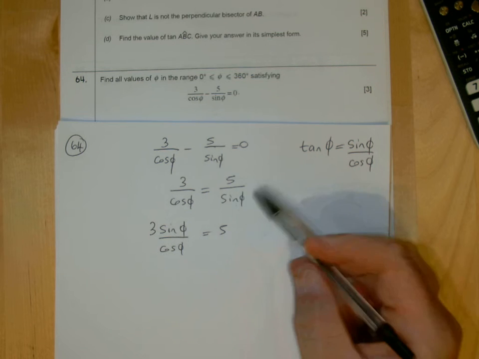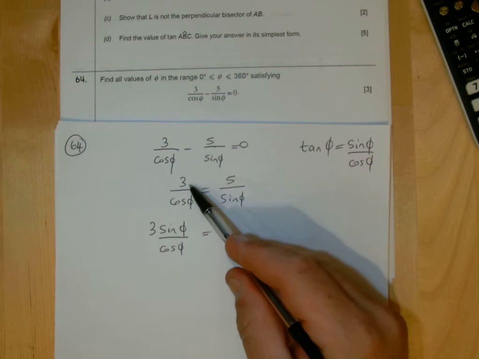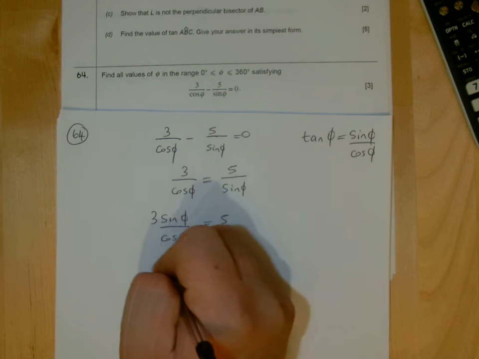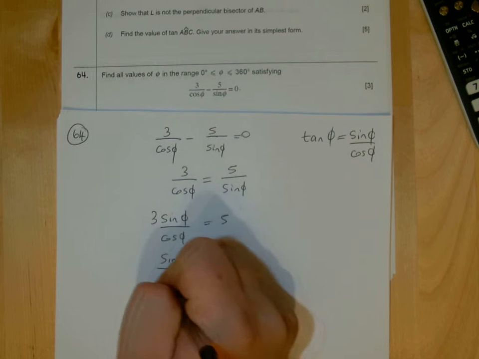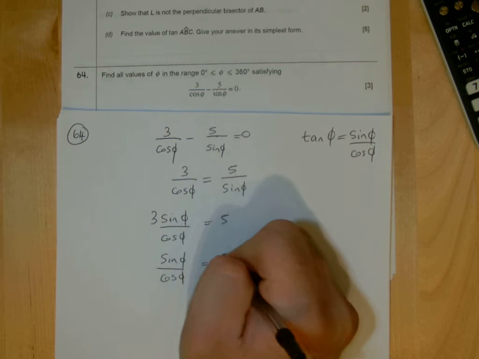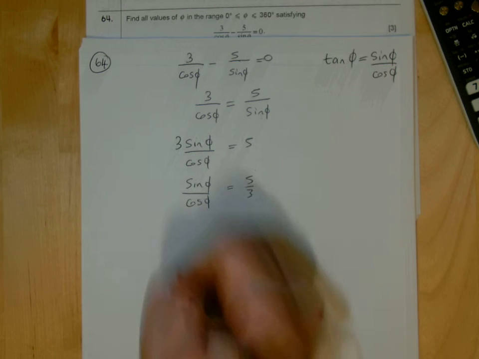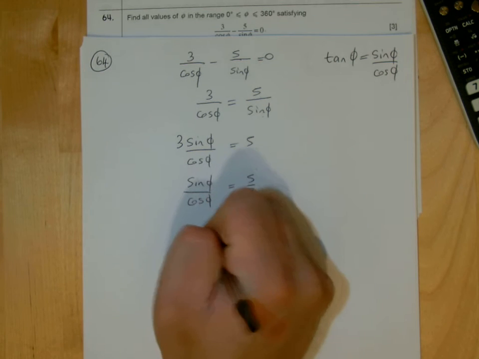So I end up with that. And what I can do, of course, is take the 3 over and divide. So I could have done that in one step. So I've got sine over cos, which is 5/3, but we need to appreciate that sine over cos is simply tan, right?